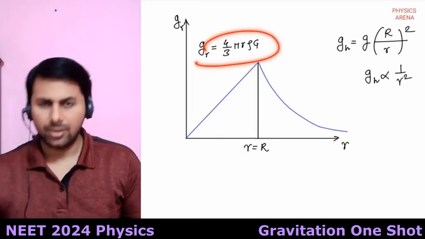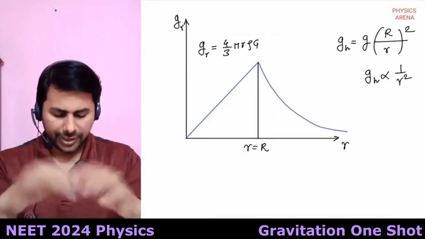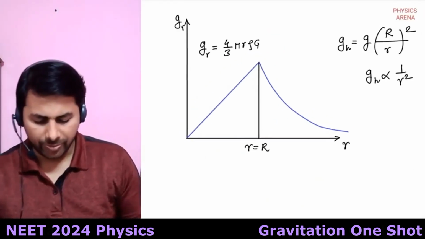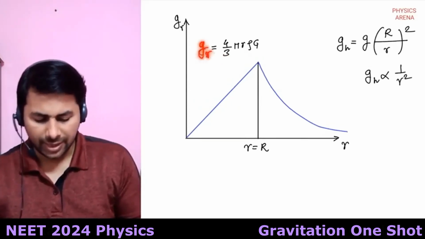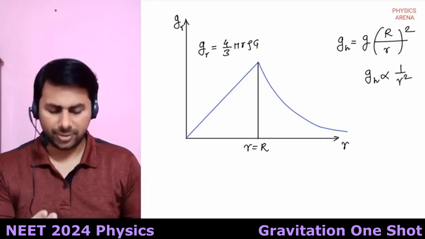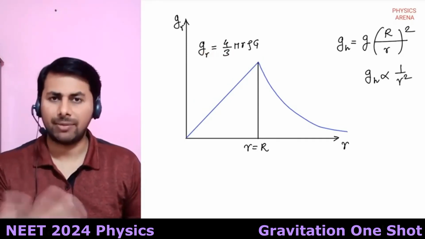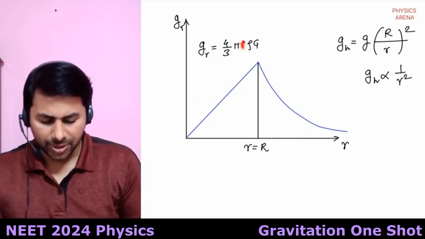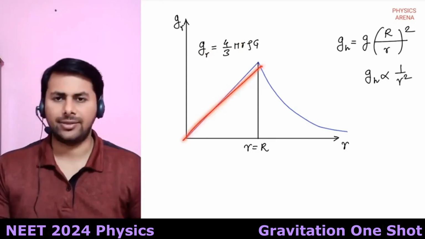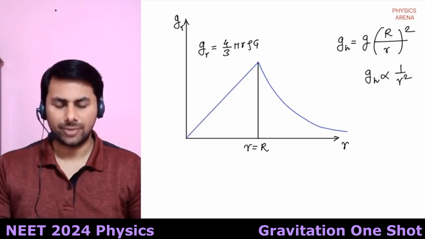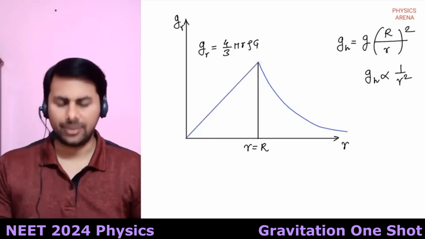So inside Earth, the formula is 4 by 3 pi r rho g. That means g at r, when r is smaller than capital R, is directly proportional to r, and that's why you have a straight line.